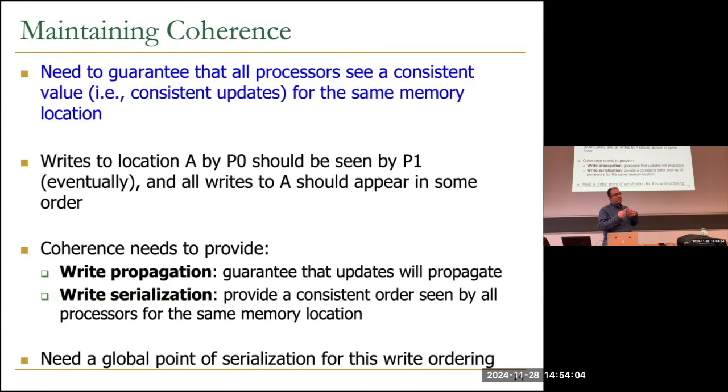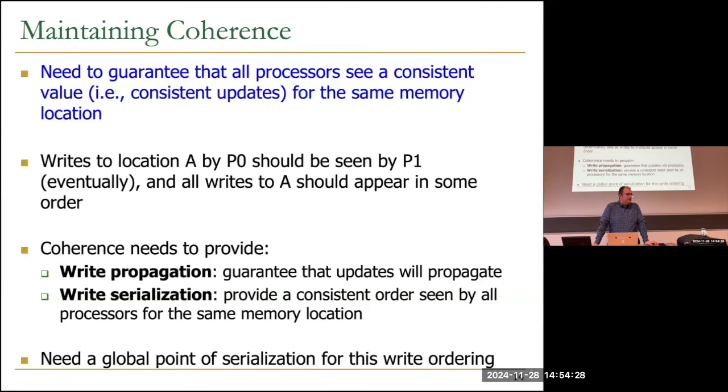But in consistency, you care about all memory locations. So if you think about it, consistency is kind of a superset of that. Using cache coherence to implement consistency, at least I don't know about it. The other way around is possible, actually.